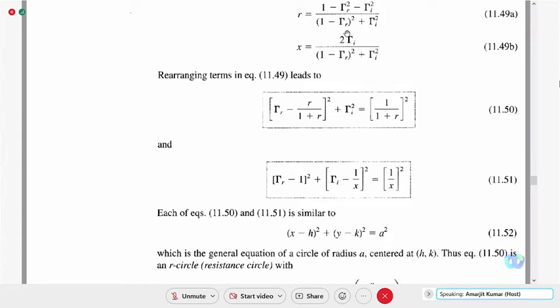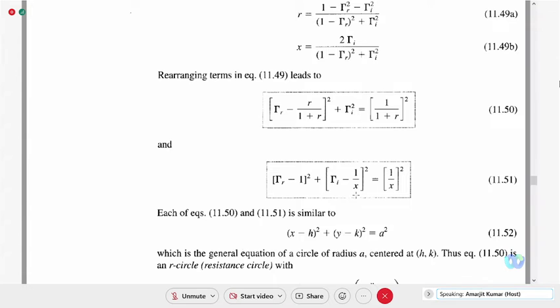So here (gamma r minus 1) whole square plus (gamma I minus 1 by x) whole square is equal to (1 by x) whole square. So basically again, this is an equation of a circle with center at 1 comma 1 by x, radius equal to 1 upon x.